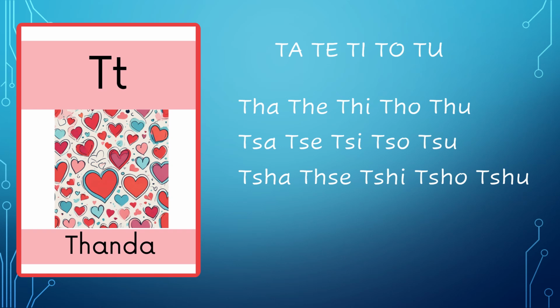With an S added, it sounds like ja, je, ji, jo, ju. With an SH, it sounds like cha, che, chi, cho, ju. An example of this would be tanda, which means love.